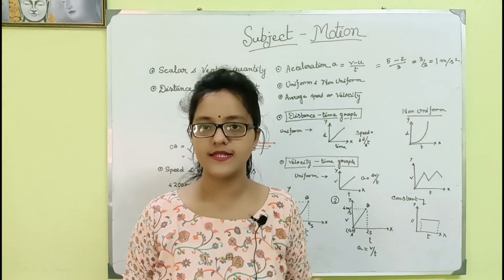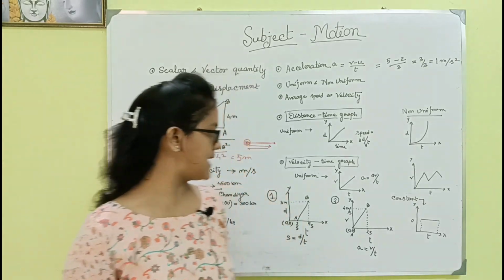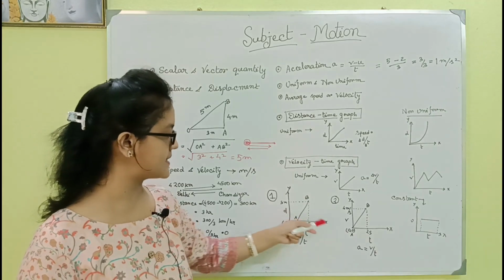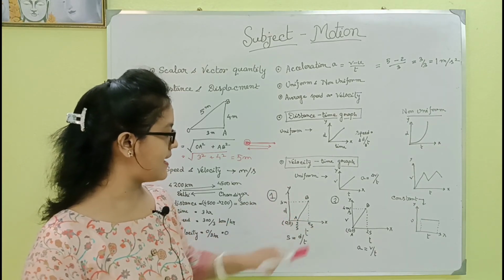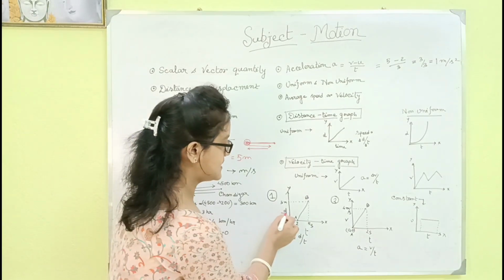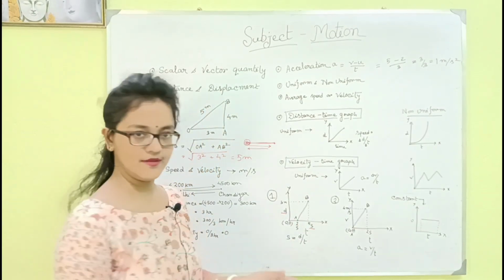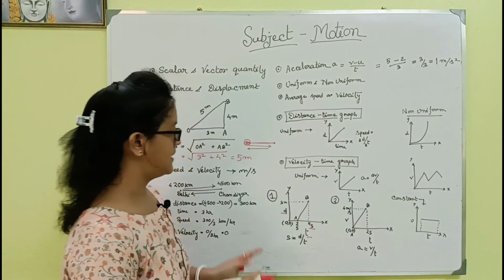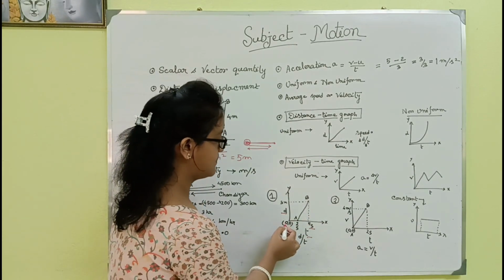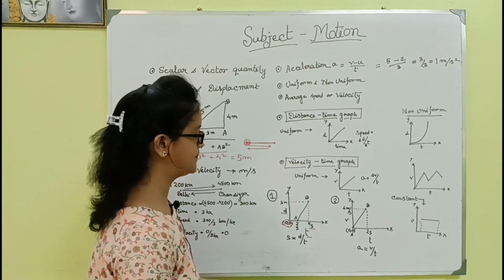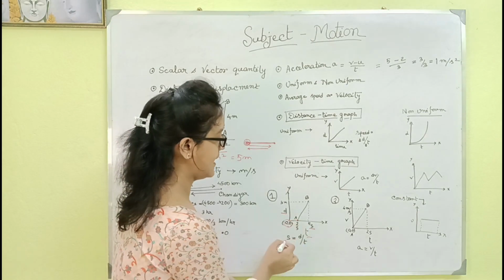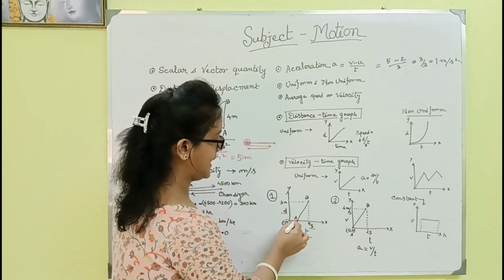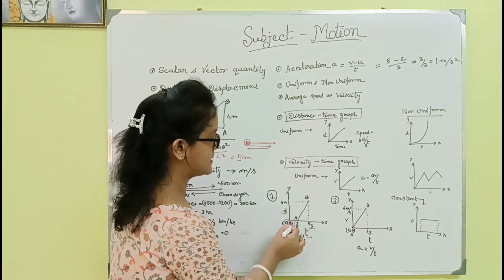Now I am shifting to the last point in my discussion, which is the problem. Whatever problem we can face in our exam paper is in this type of graphical representation, with x-axis and y-axis, distance time graph. Here the origin position is 0, 0. The first position is A, the final position is B, and at A the time is 2 seconds.